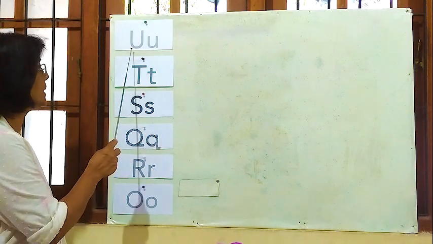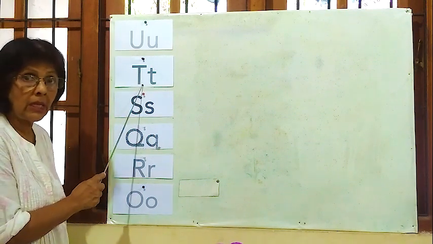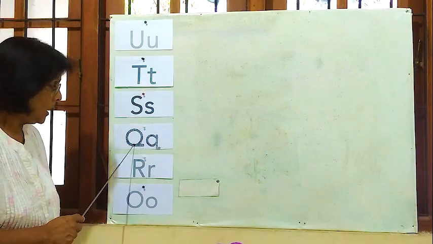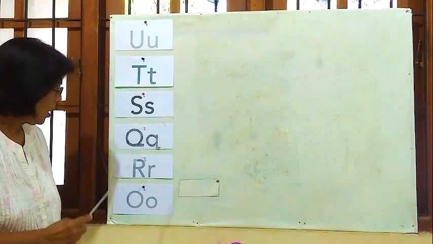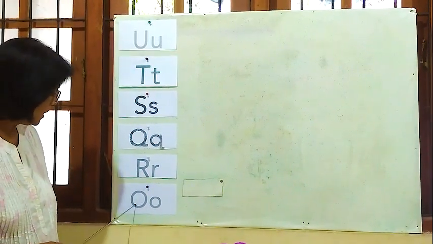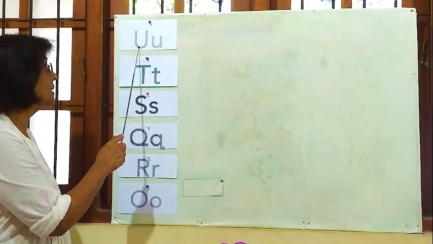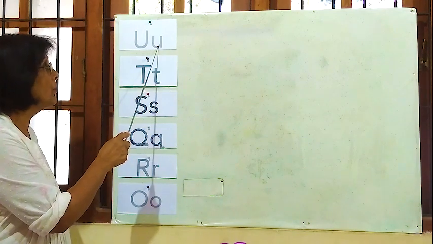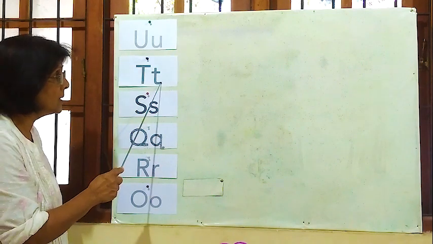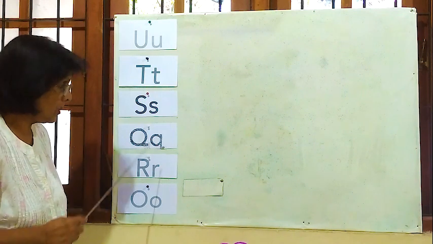Now here letter U. This is letter T. This is letter S. And here letter Q. Here letter R. Here the letter O. Here capital letter. Here simple letter. Here capital letter and here simple letter. All have capitals and simples.